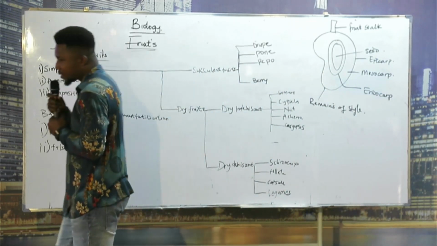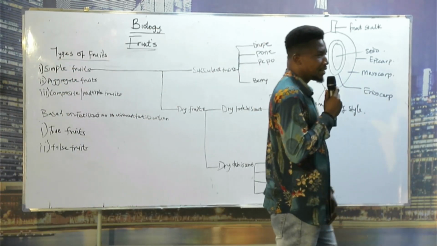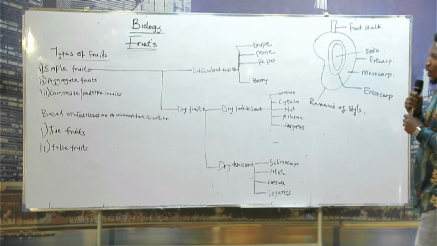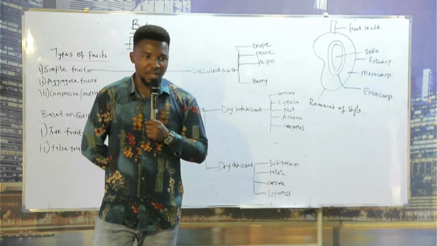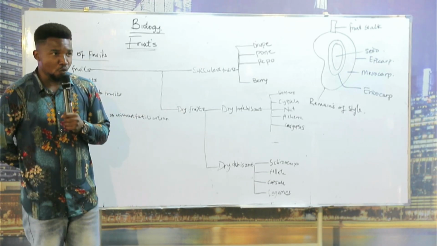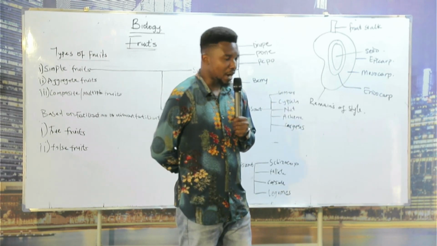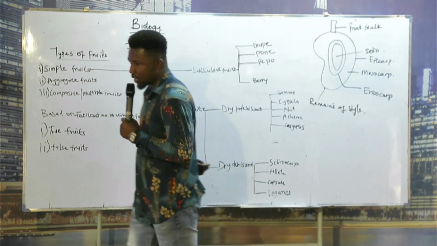Aggregate fruit is a type of fruit formed from a flower with free carpels or ovaries, in bracket, that is apocarpous flower.